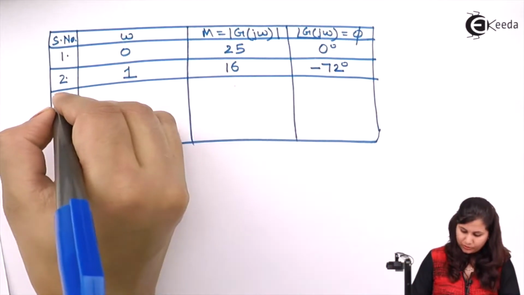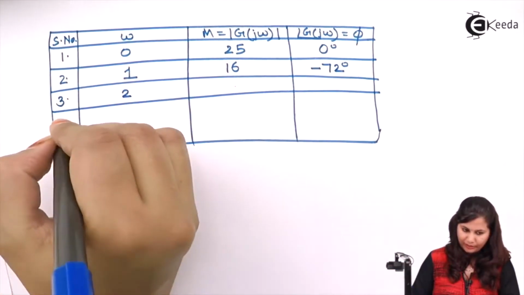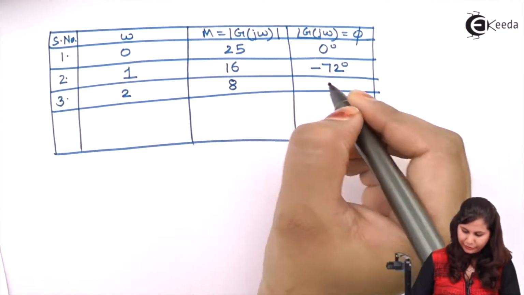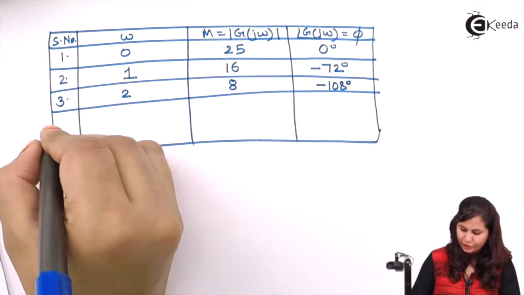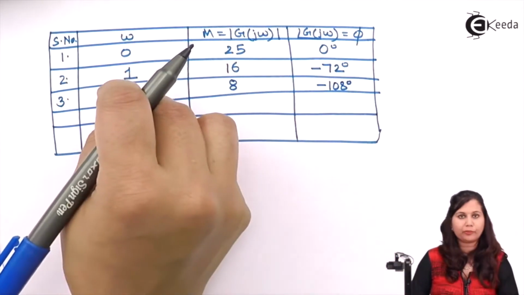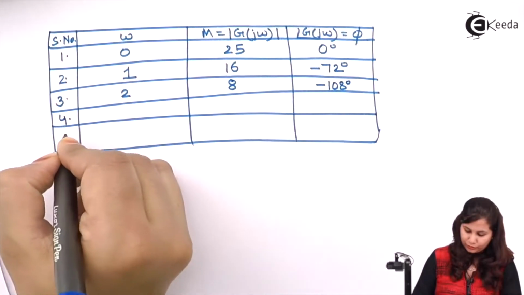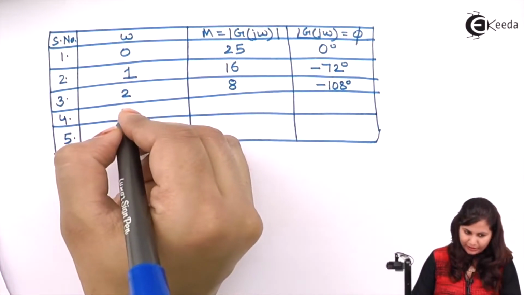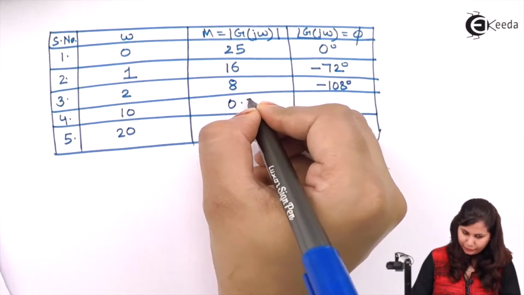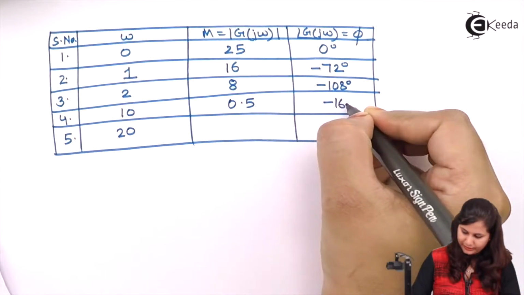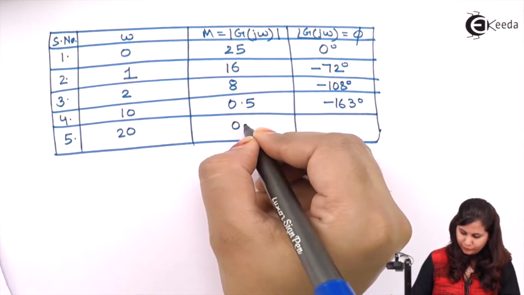Now third, we put omega equals 2, the magnitude will be 8, and the phase angle will be minus 108 degrees. You just have to put the values of omega and then calculate the values of M and phi. So let's write it. When omega is equal to 10, we have magnitude 0.5 and minus 163 degrees. For omega equals 20, the magnitude is 0.1.